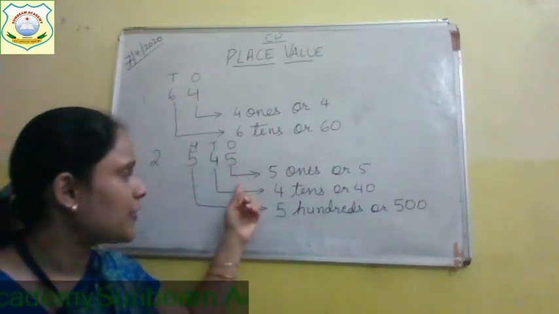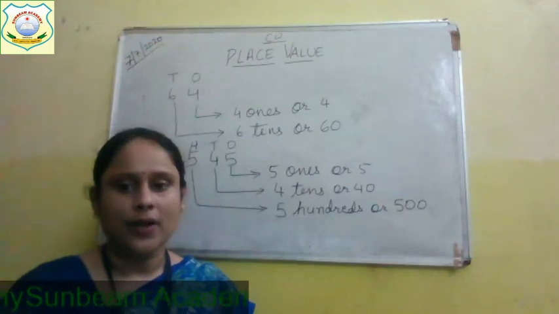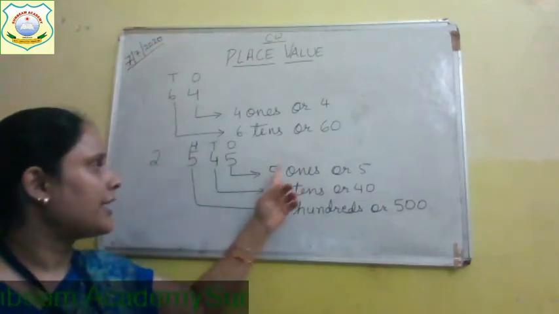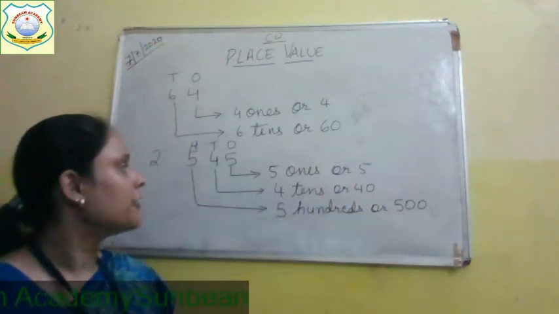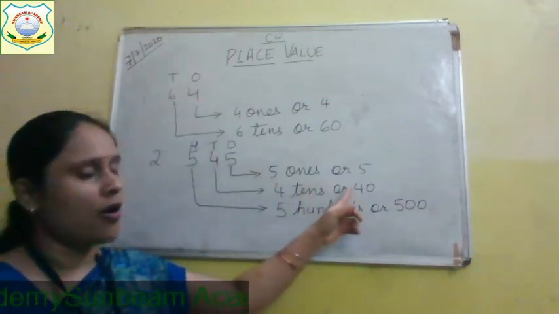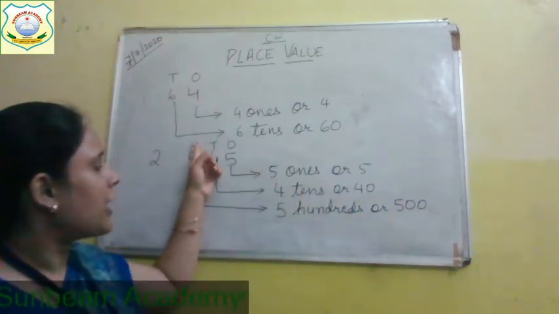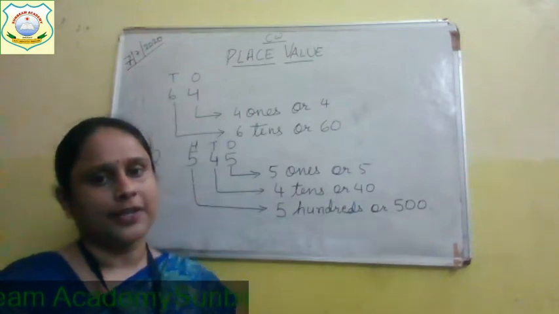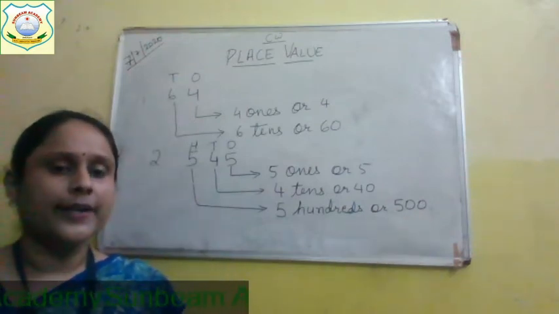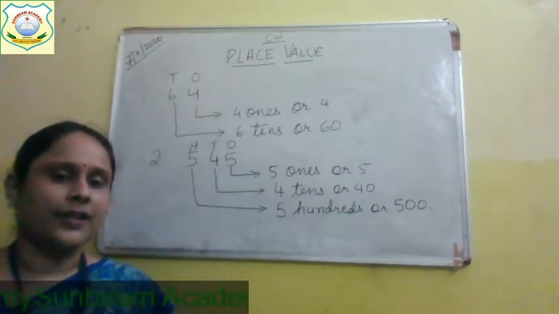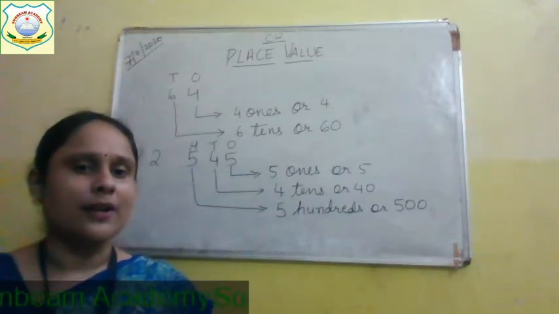Then with the help of scale and color pencils you will draw this line, and then you write 5 ones or 5, 4 tens or 40, 5 hundreds or 500. Do it, complete it. Then after that, again we will take a look at our slides.